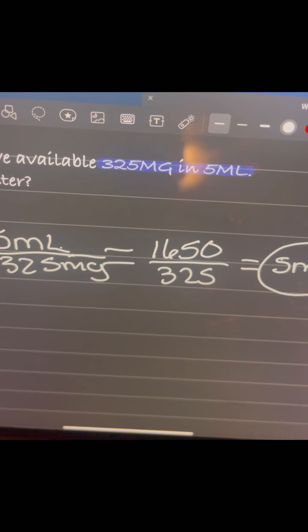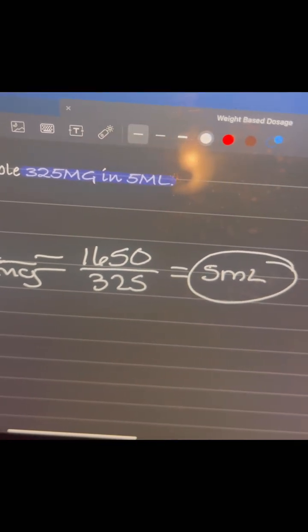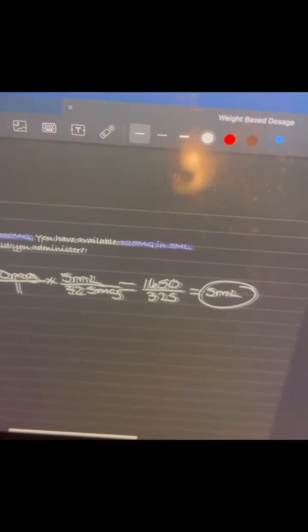That is what you're going to administer, 5 mLs. So there's that one for you guys. You guys can take a picture of that. And we are about to jump straight into our conversions with a question that's actually going to make us use that conversion sheet that I showed you guys at the beginning of the video.